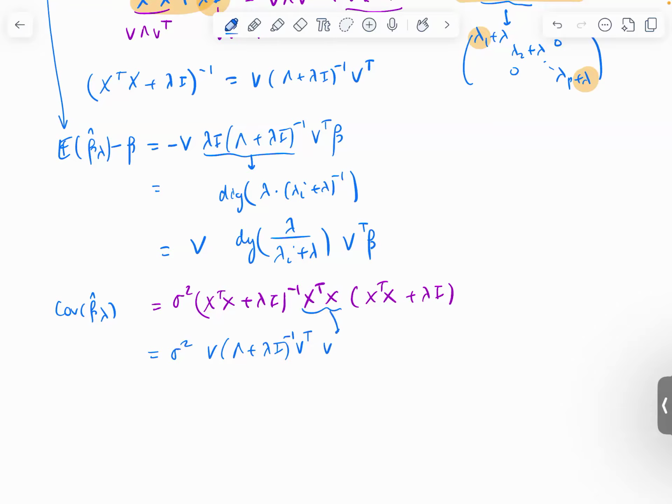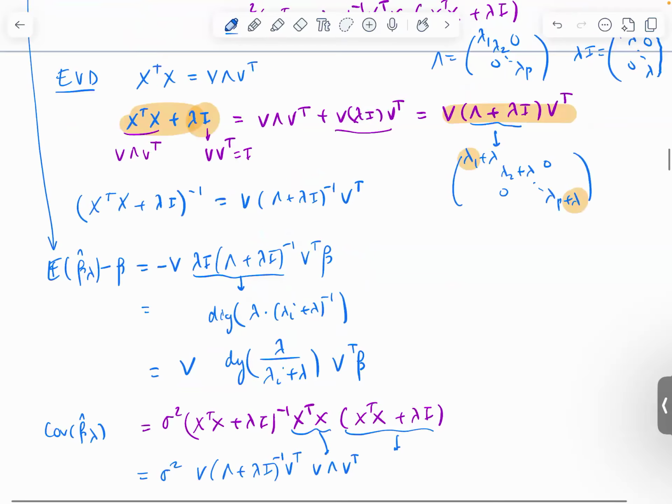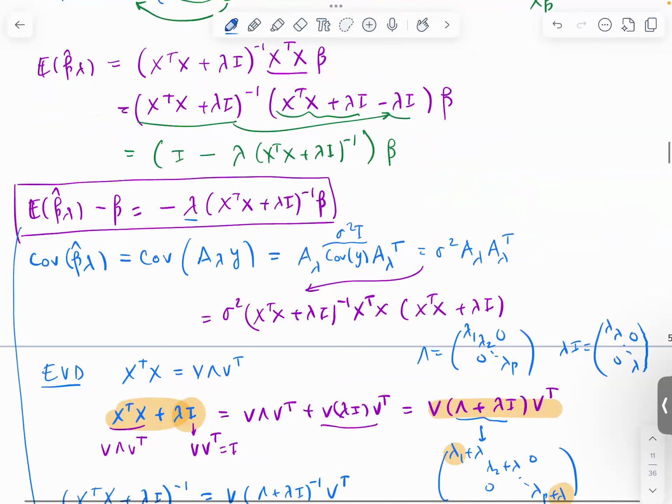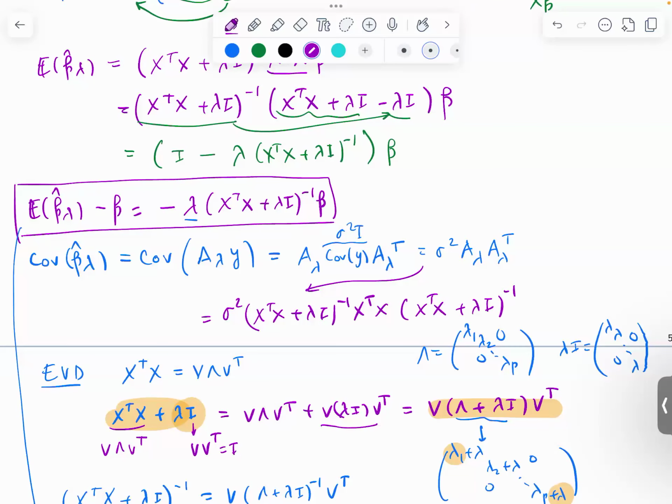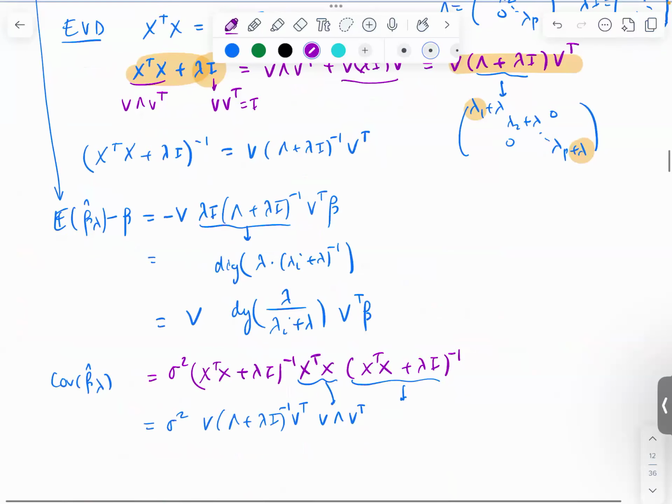This one would be V lambda V transpose. And I'm just missing another inverse here. It's the same thing transposed, so this thing would be V lambda plus lambda I inverse V transpose.